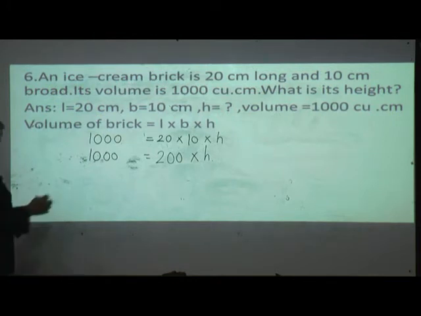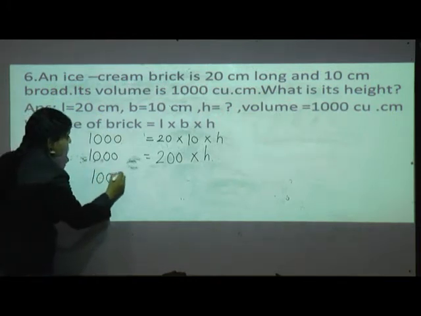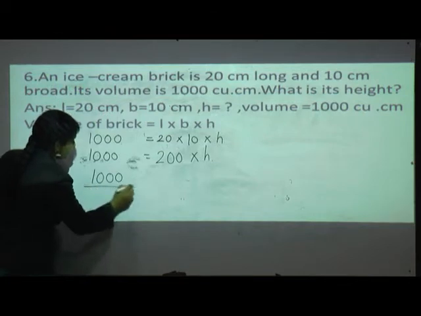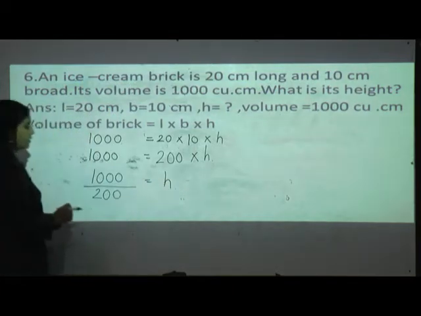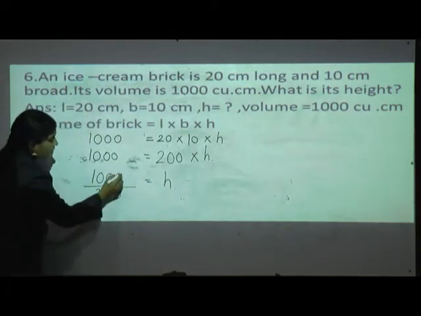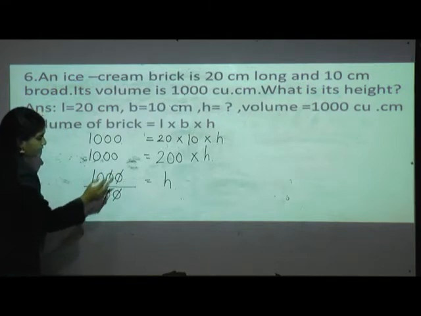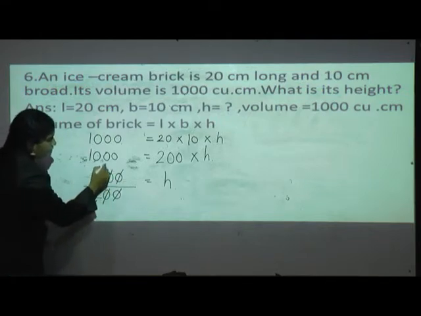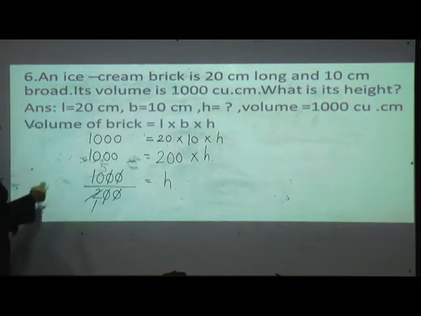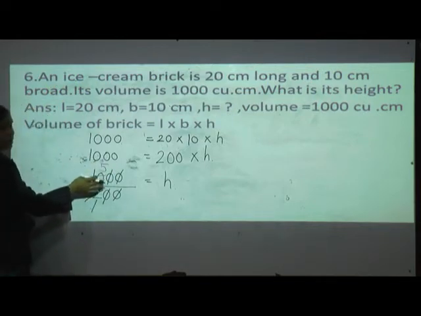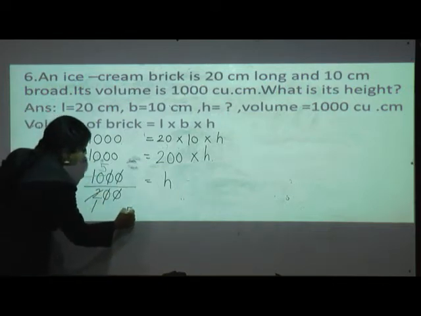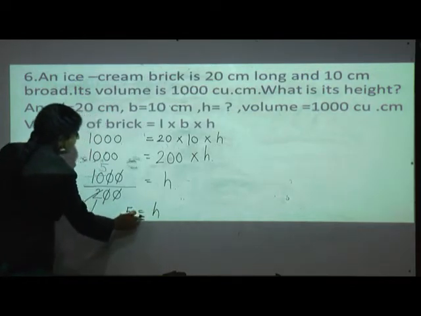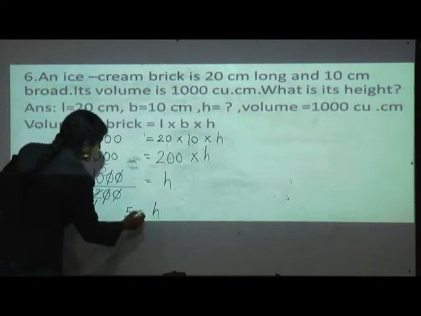Okay, now 1000, this 200 will go this side, then divide it. So H, here 0, we can cut. So 2 ones are 2 and 2 fives are 10. Or you can divide 1000 directly by 200. So you will get 5. So height is 5 centimeter. So this one is the answer.